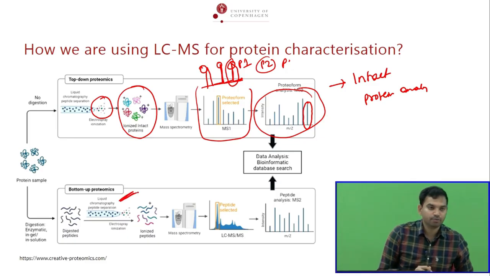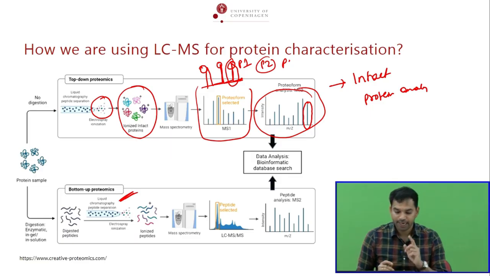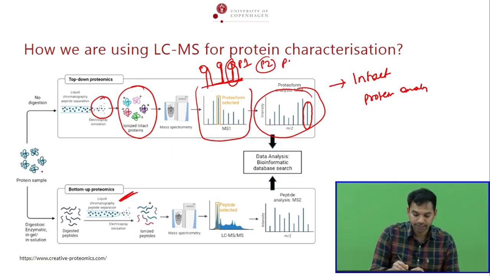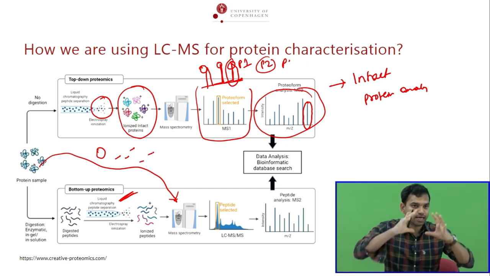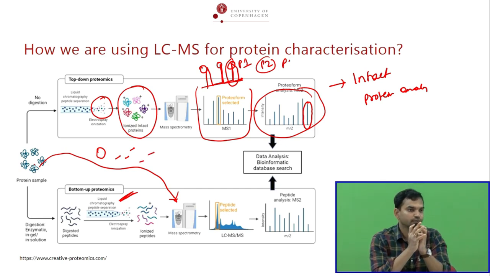Then we have peptidomics, or what we call the bottom-up approach. In this case, we don't inject protein directly into the mass spectrometer. Before injecting the protein, we hydrolyze the protein into individual peptides. Then the size of the protein is shrunken, right?